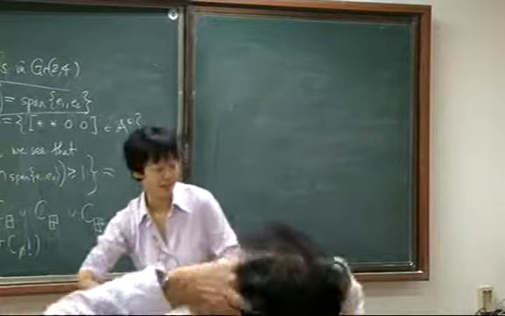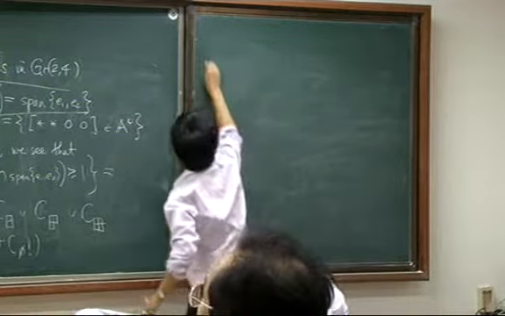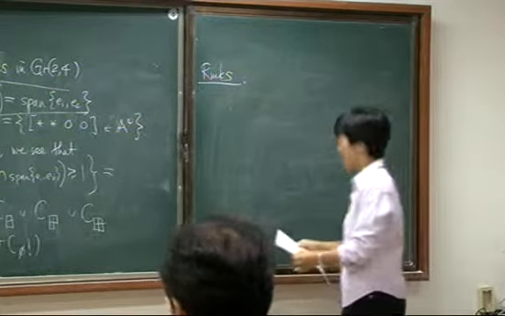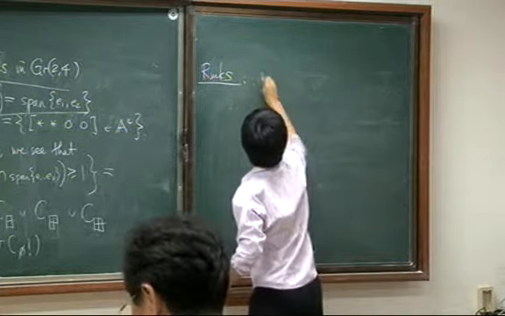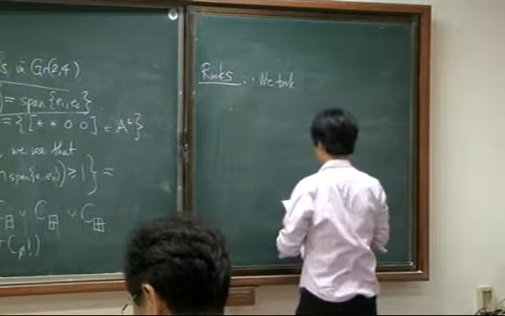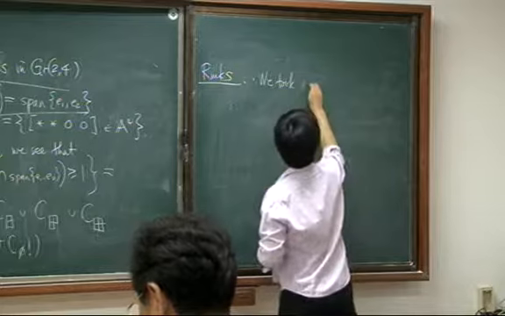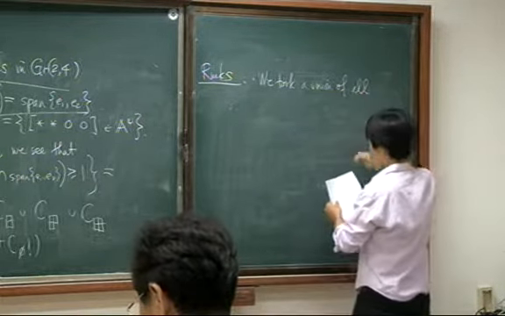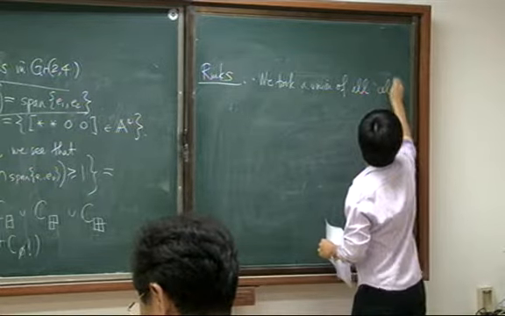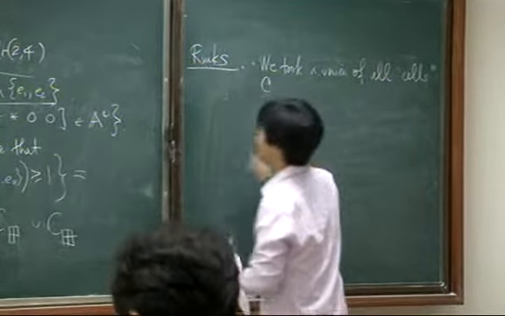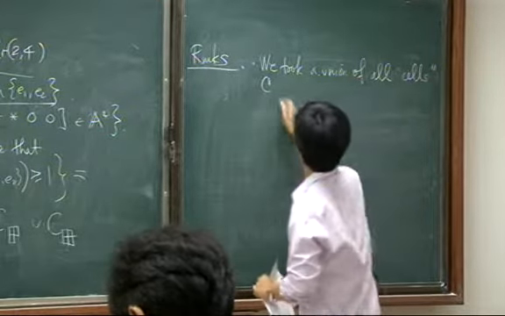So a couple of remarks. When we did this, we took the union of all cells C lambda.